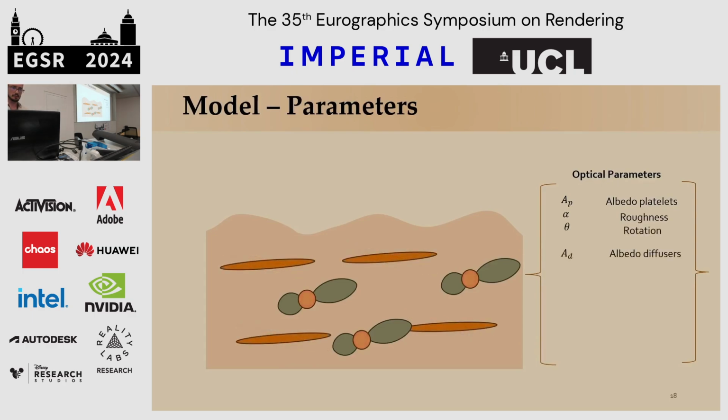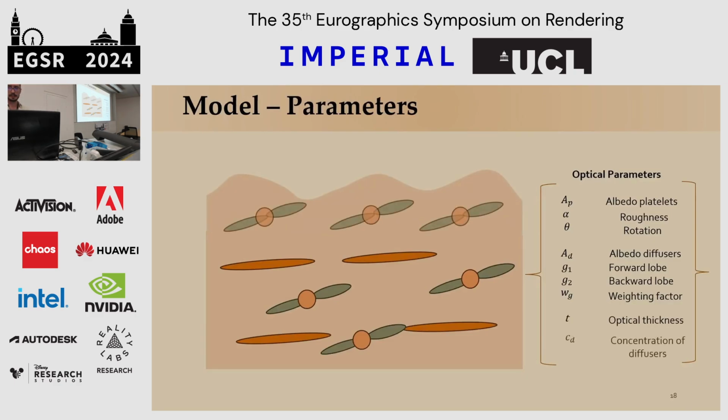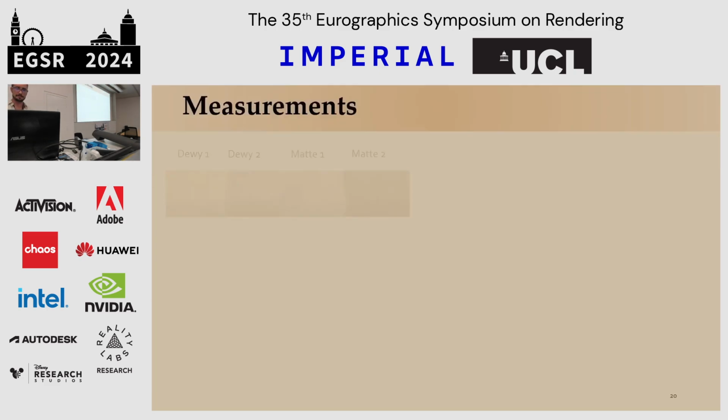We also have the albedo for diffusers, which allows us to define the color of the diffuse part. And then the forward lobe, backward lobe, and the weighting factor. We also have two other parameters: one is the optical thickness, and then the relative concentration of diffusers.